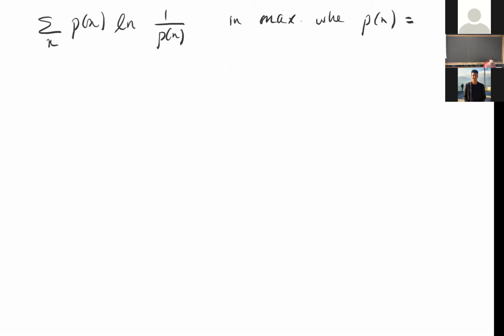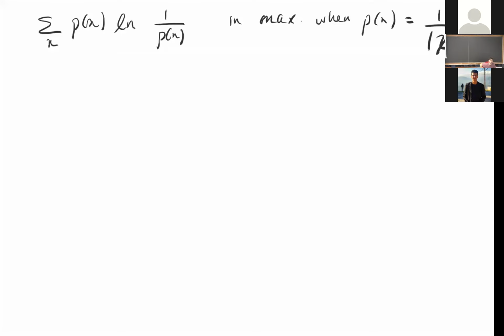So what I want to prove is that the sum over x of p of x times log 1 over p of x is maximized when p of x is equal to what? What is the uniform? It's this. How do you prove that? What is the strategy you apply?